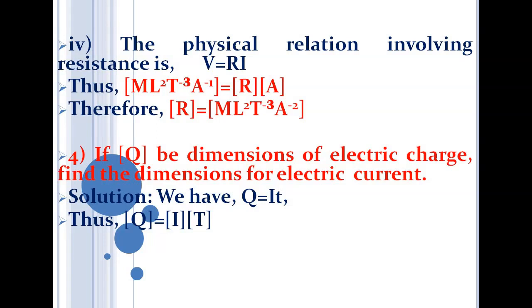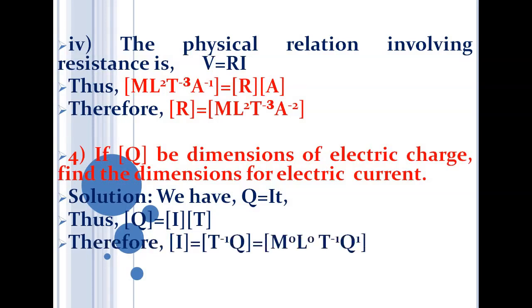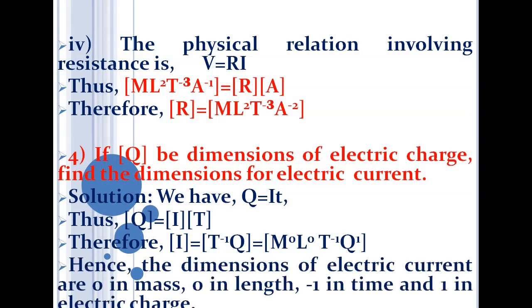Q has the dimension Q. To find the dimension of the electric current, with T as time, we get the dimensional formula for the electric current as M^0L^0T^-1Q^1. So the dimensions of the electric current are 0 in mass, 0 in length, minus 1 in time, and 1 in electric charge, if charge has the dimension Q.